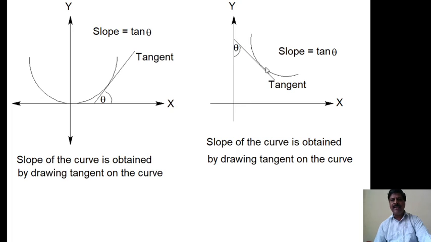Then dy by dx gives tan theta. Therefore, the slope of the curve can be obtained by extrapolating the tangent to the parabolic curve.